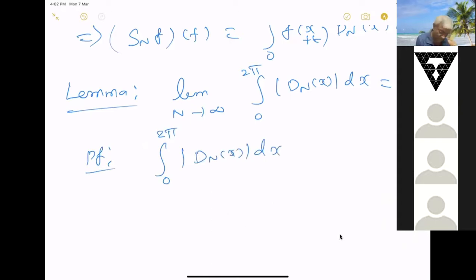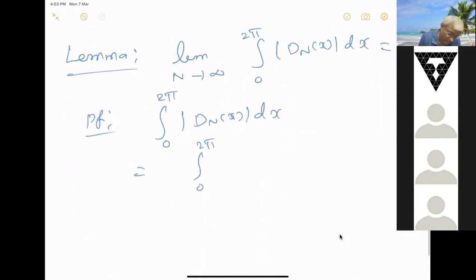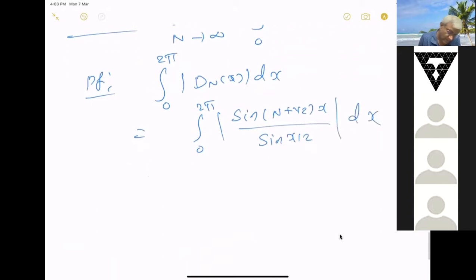Okay, so this is equal to, let me just write the definition. I have it here, so I'm just copying it here. Mod of sine n plus half x divided by sine x by 2 dx. Now for any t, sine t is less than or equal to mod t.